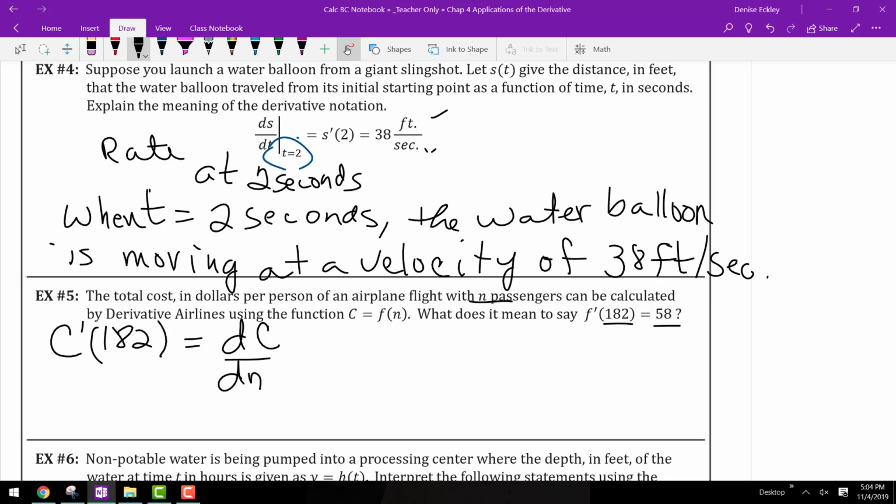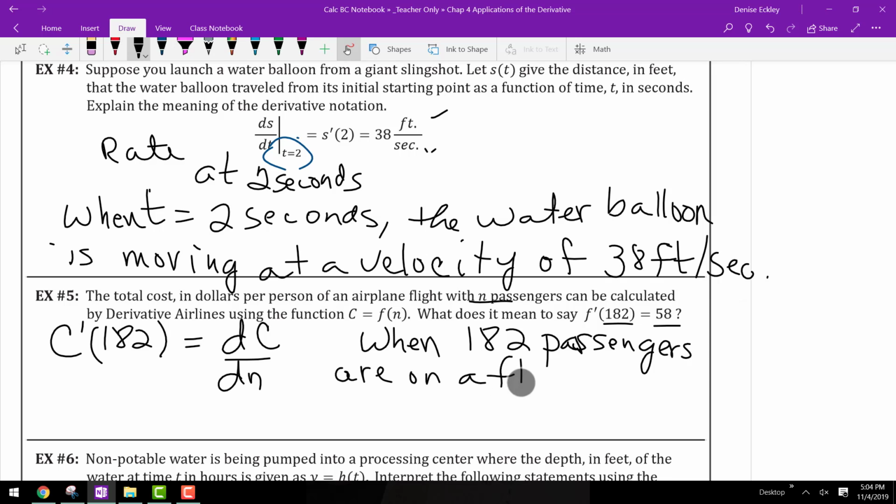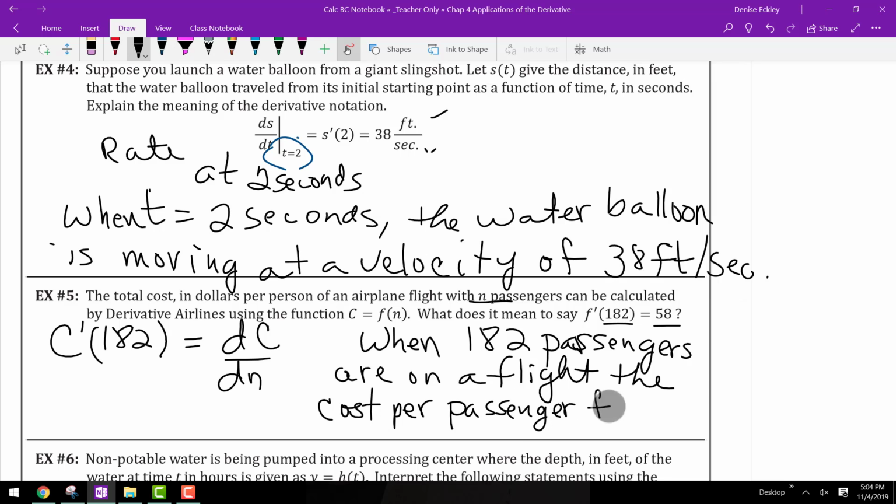So we can say that when 182 passengers are on a flight, the cost per passenger for the flight is $58.